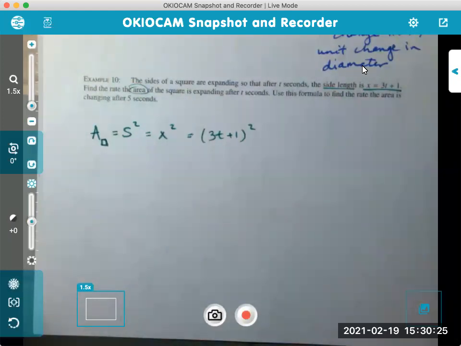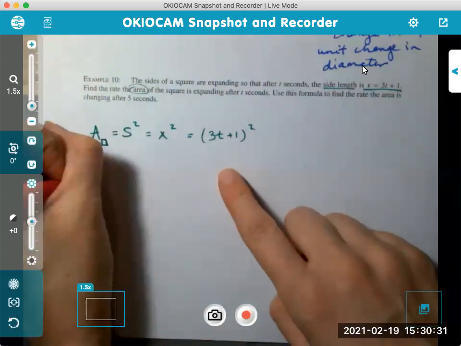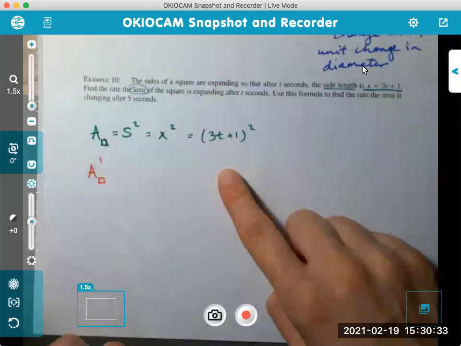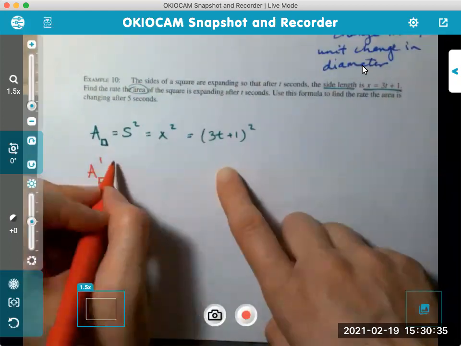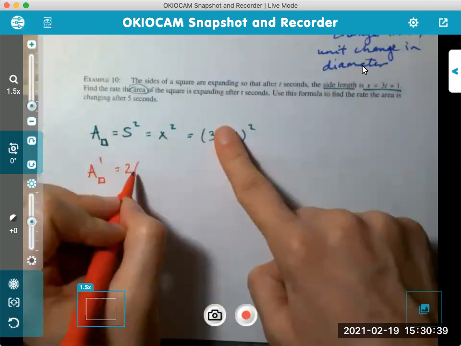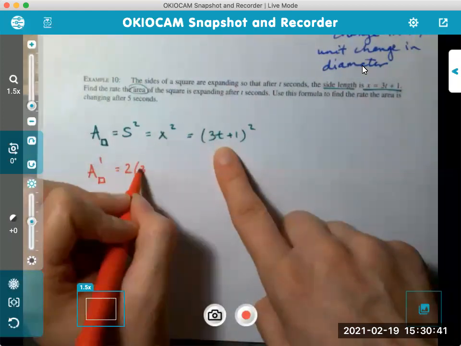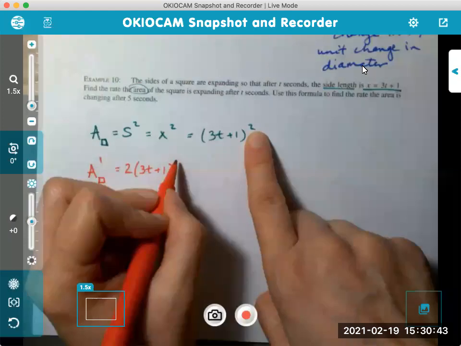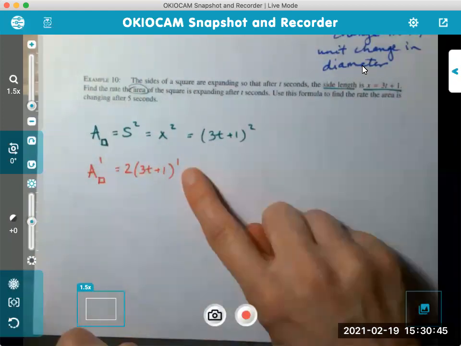Okay, and you're back. Good, good, good. So this is chain rule. For the area changing of the square, we've got outside first, 2 times the inside, 3t plus 1, and the exponent comes down by 1. 2 minus 1 is 1. I'm going to write the 1 for effect, though you don't have to.